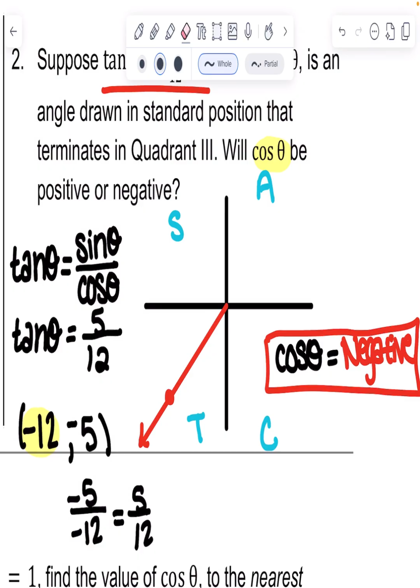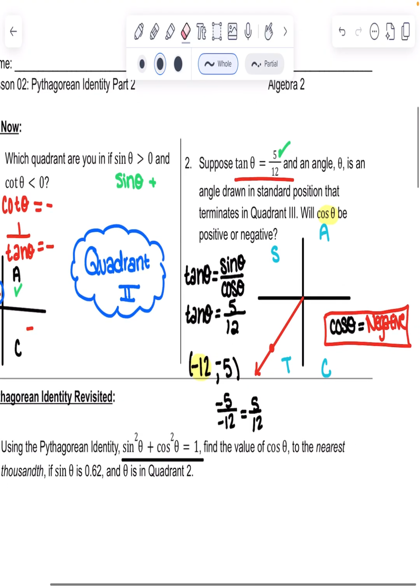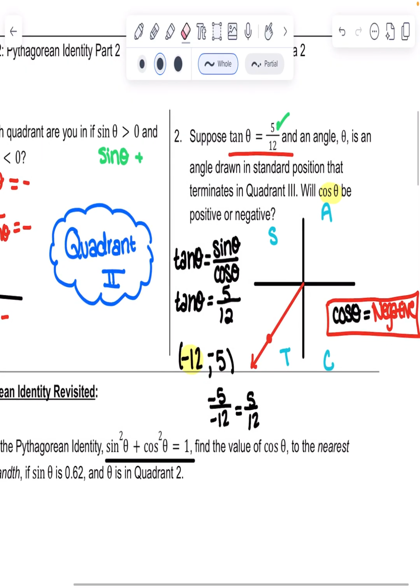It depends on where that ray lands, and what function they're asking for. Because if they're asking for cosine or sine, it could affect the sign of the outcome. Like here, if they're asking for tangent, our answer would be positive. But they're asking for cosine, so it's going to be negative.